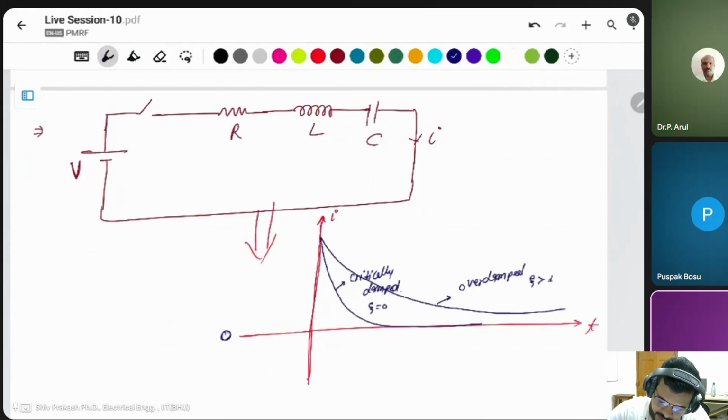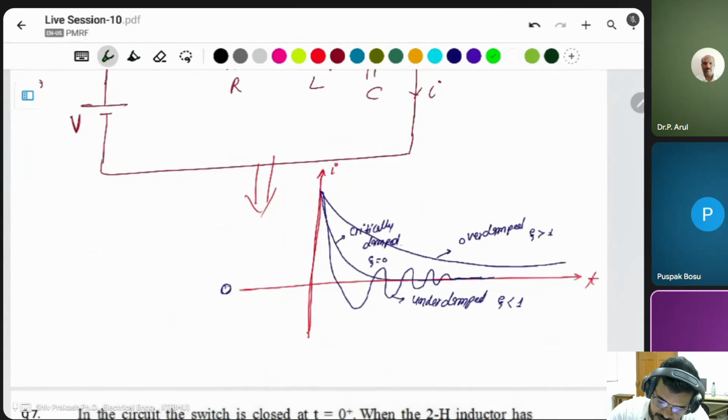Underdamped means it goes to zero with some oscillation, and after that it settles to zero. This will be underdamped, zeta less than 1.